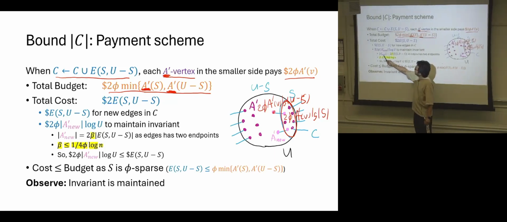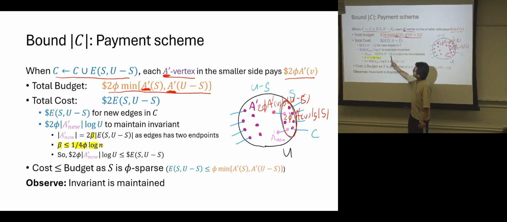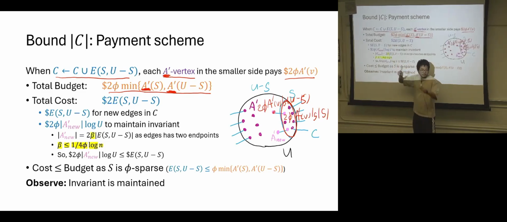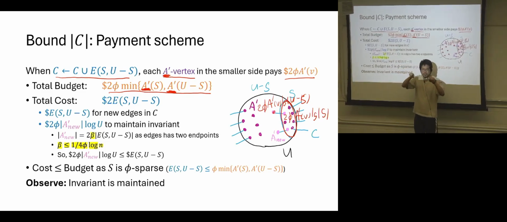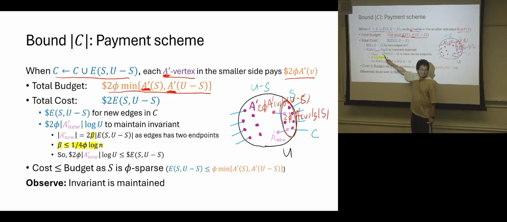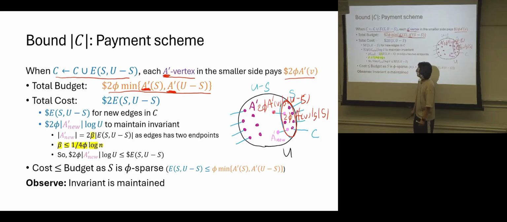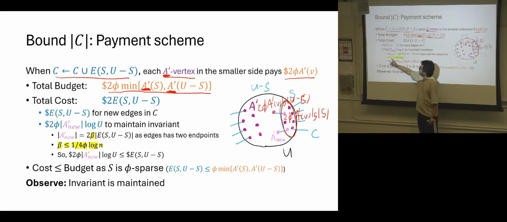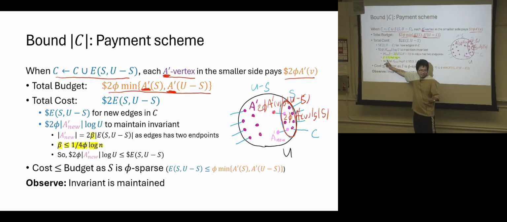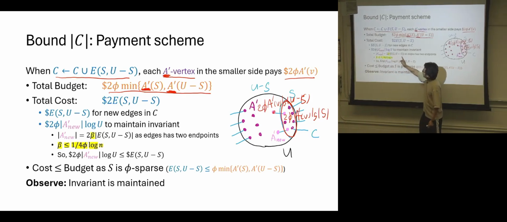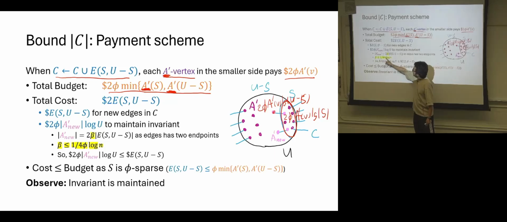So the size of A prime new is what? It's the cut size times 2, because each edge has 2 endpoints, and times beta, because we scale up the node weighting there by beta. I need beta to be this much, which comes from the assumption that beta is not too big, and then you just multiply these together.